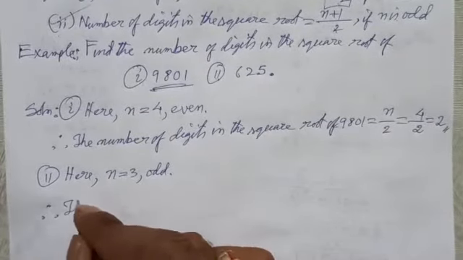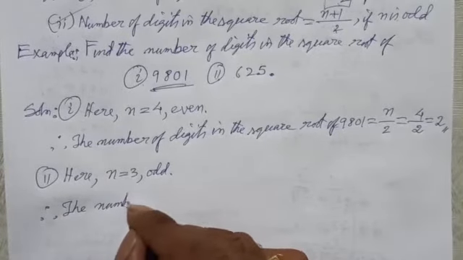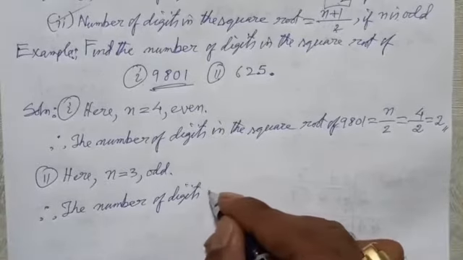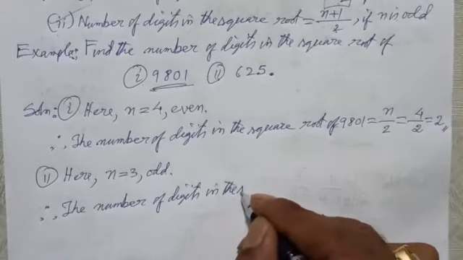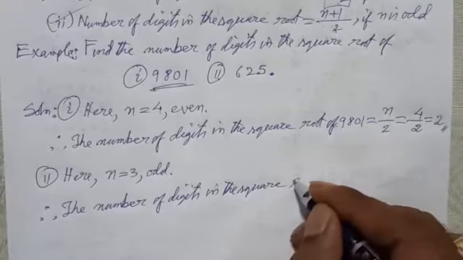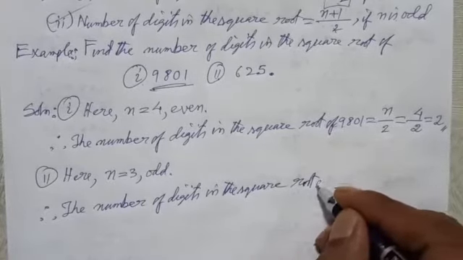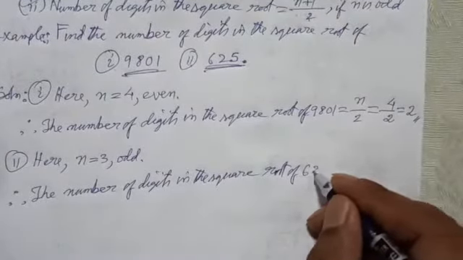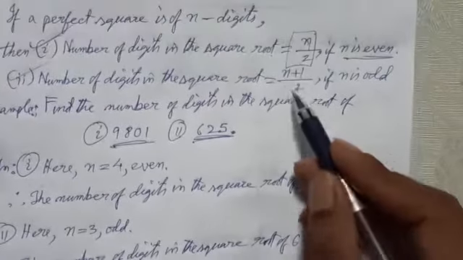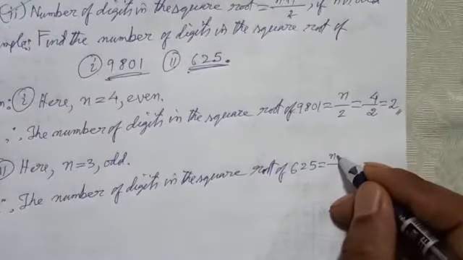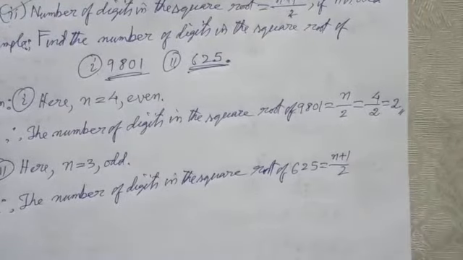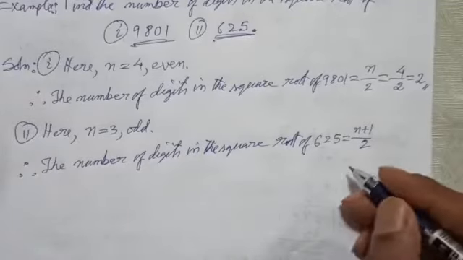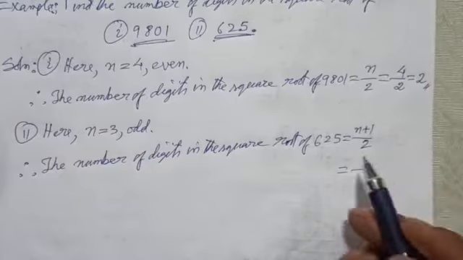Therefore, the number of digits in the square root of this number 625 is equal to, formula is n plus 1 by 2. n is 3.